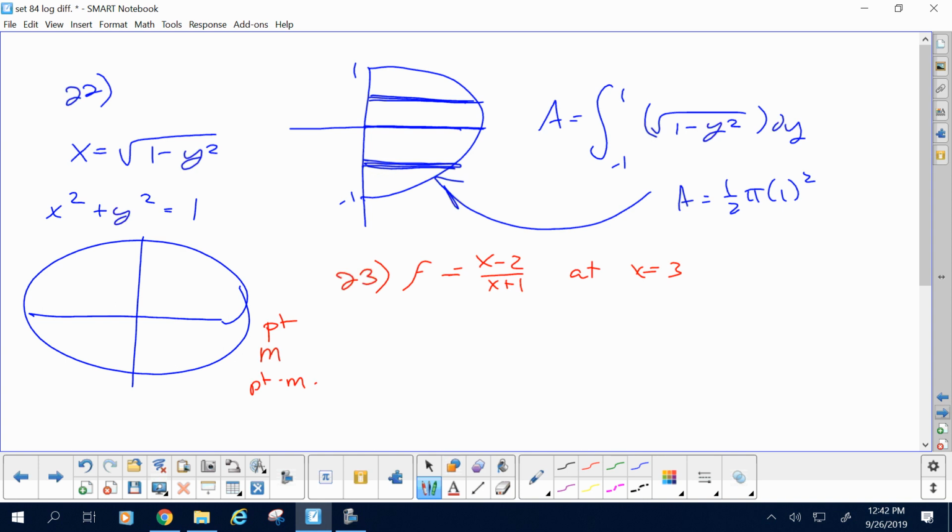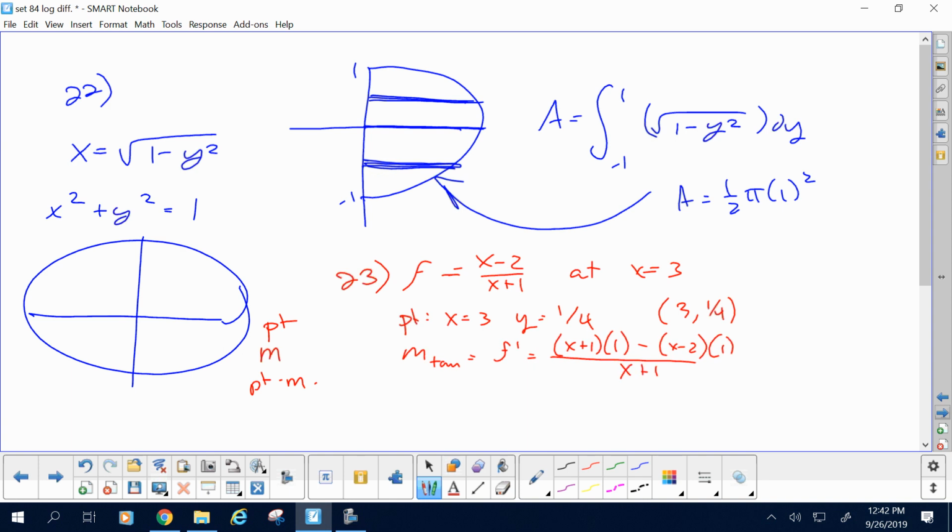So the point is when x equals 3, y equals 1/4. Do you agree? Okay, so 3, 1/4. The slope, now this is the tangent slope, remind you, is f prime, and by quotient rule, low d high minus high d low over the square of what's below, and we're going to do that at 3, yeah?